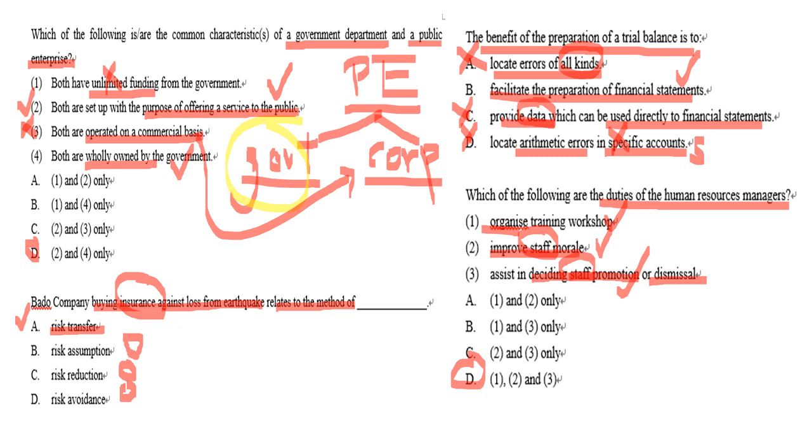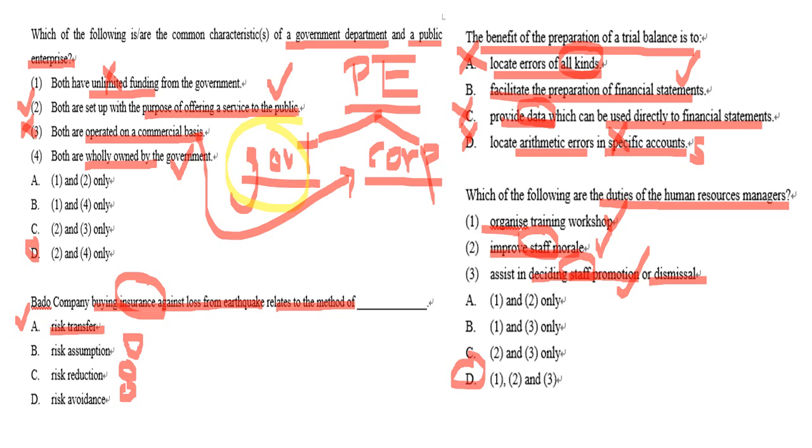Next one. Battle company buying insurance against loss from earthquake relates to the method of insurance. What is an example of a risk transfer? Risk transfer means the risk is transferred to the insurance company by paying insurance premiums. The insurance company will take the risk of losses from Battle company.